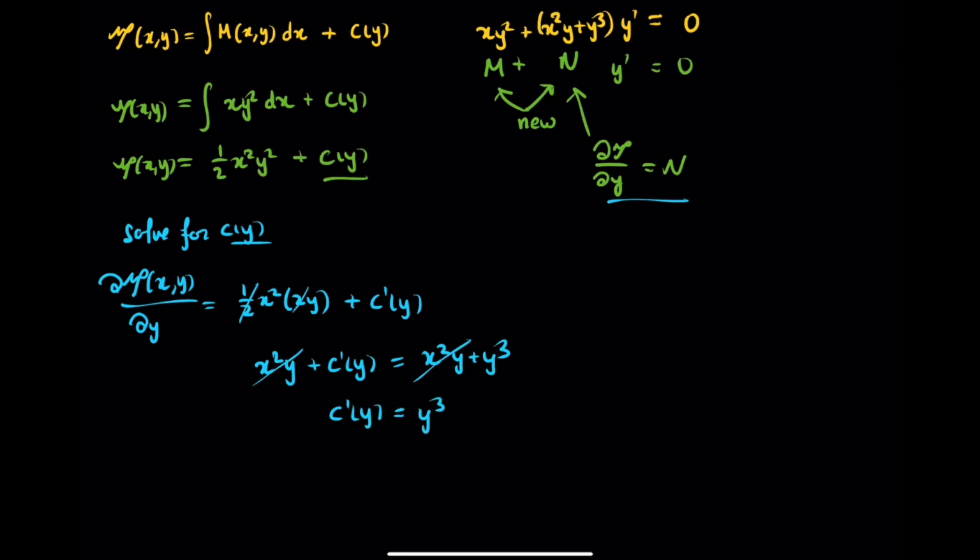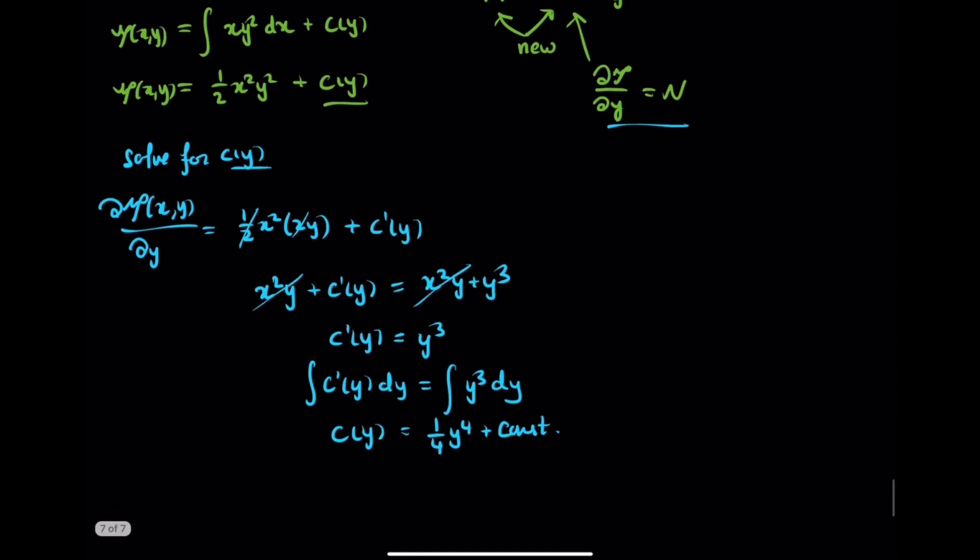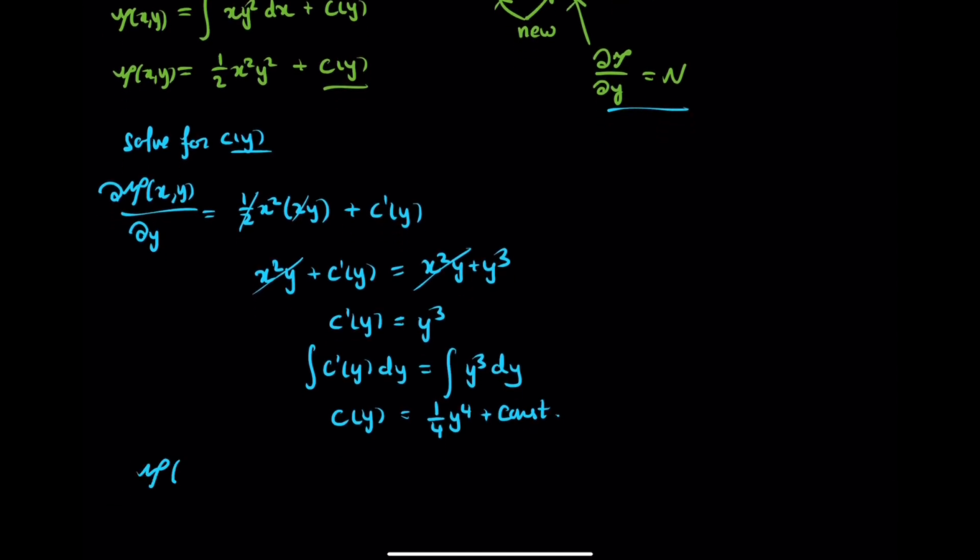So then you have to take the integral of c prime of y dy and the integral of y cubed dy, and c(y), that's what you get after you integrate, 1/4 y to the 4 plus some constant. And therefore, now you've just found psi. psi(x,y) is 1/2 x squared y squared plus 1/4 y to the power of 4 plus some constant. And that is the function.